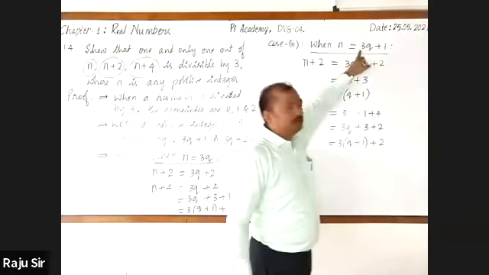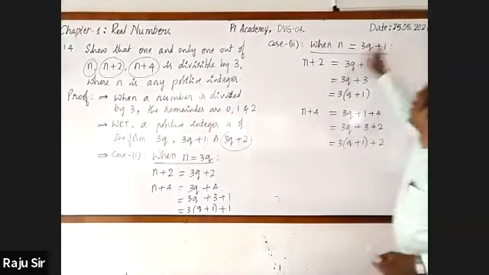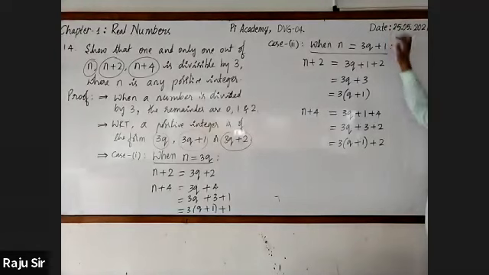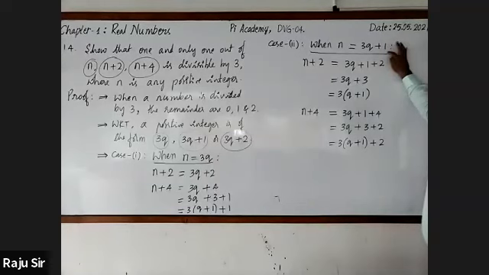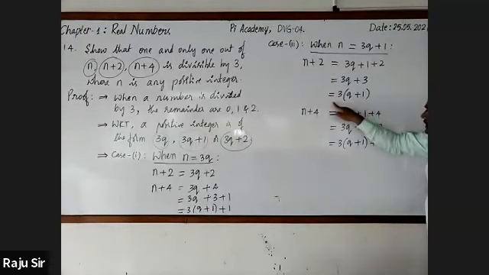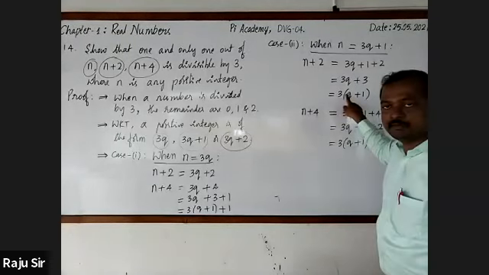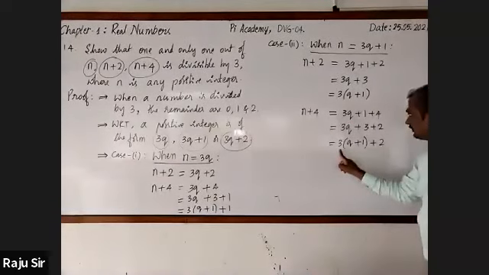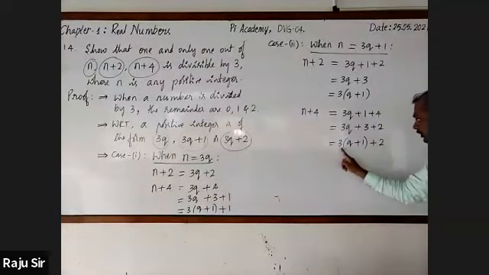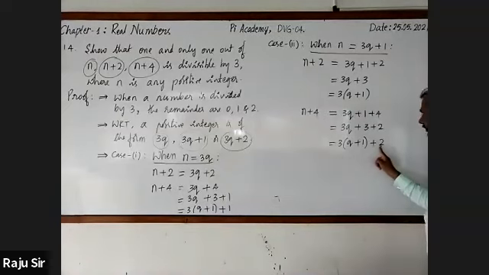Now, please observe. The meaning of the first one, n equal to 3q plus 1, is that when you divide this by 3, you'll get 1 as the remainder. So it is not divisible by 3. Second one, see that this is a multiple of 3. Therefore, it is divisible by 3. In the third one, when you divide this by 3, you'll get 2 as the remainder.